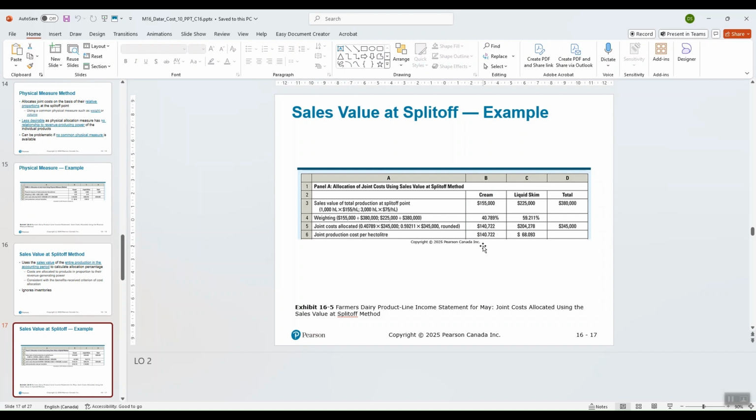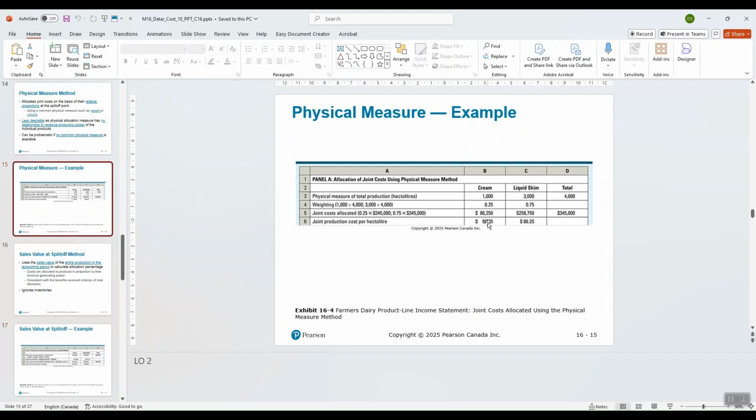So with this, it gives you a little bit of information about setting the sale price as well. It is more accurate because you're dealing with the sales. Whereas in the previous example, it doesn't matter what the product is, we simply base it on the proportion of the liters being produced.